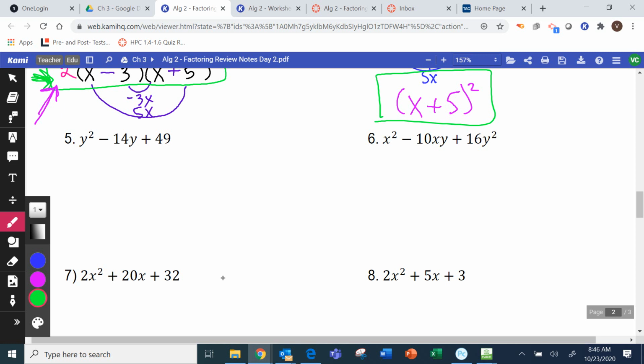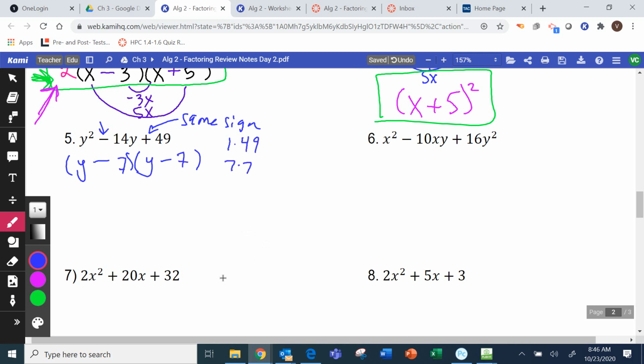Okay. So number 5, we are going to look for our greatest common factor, and there isn't one. The plus sign says same sign. This sign here tells me that they're both negative. They'll both start with Y, and then 49 is either 1 and 49 or 7 and 7.